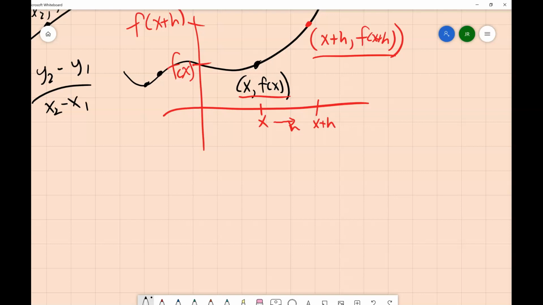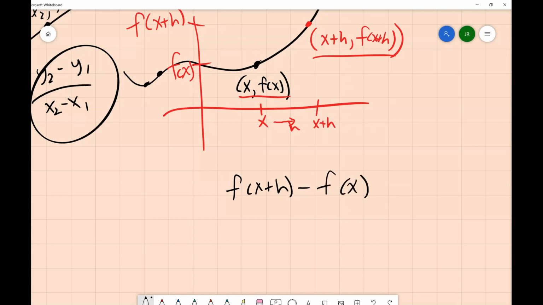It's still going to be y2 minus y1, but the y2 is f of x plus h minus the y1 is going to be f of x. That's y2 and that's y1. And this is x2 and this is x1. So down here on the bottom it's going to be x plus h minus x.